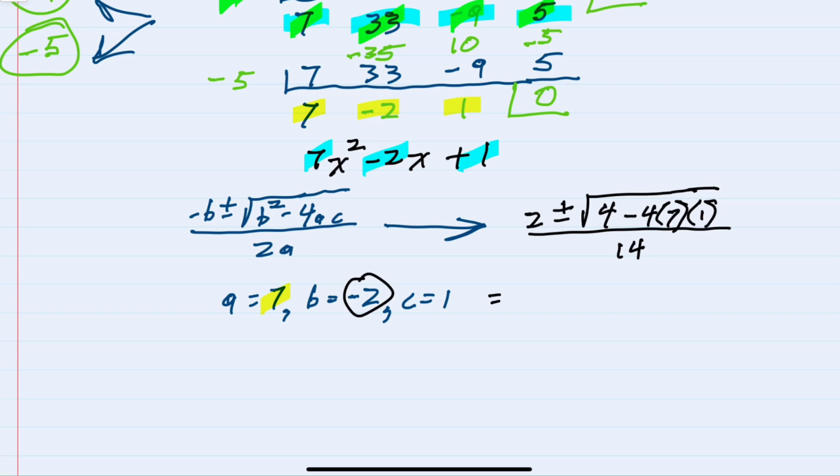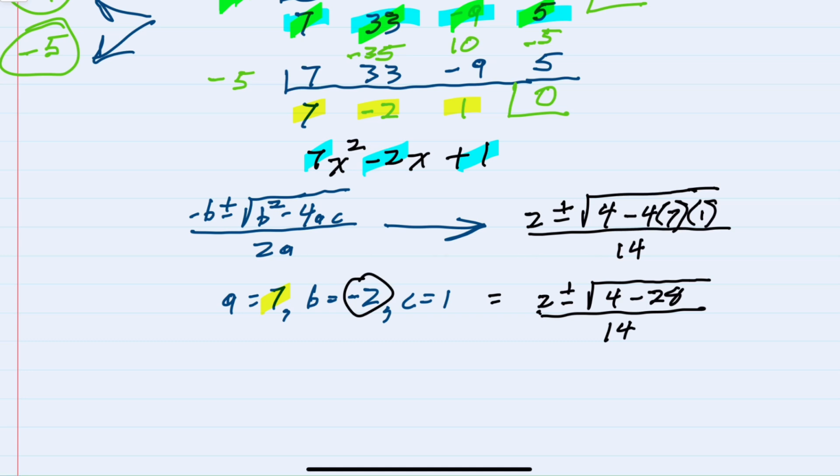And then we can start to simplify. Under the radical, this would be 4 minus 4 times 7 times 1 is 28. 4 minus 28, with that 14 in the denominator.